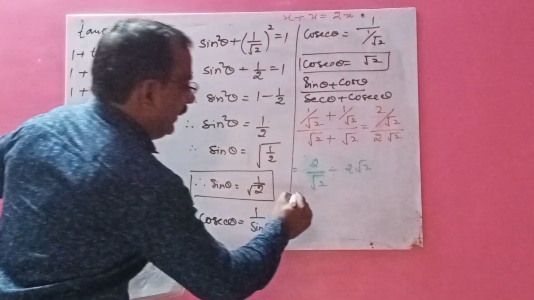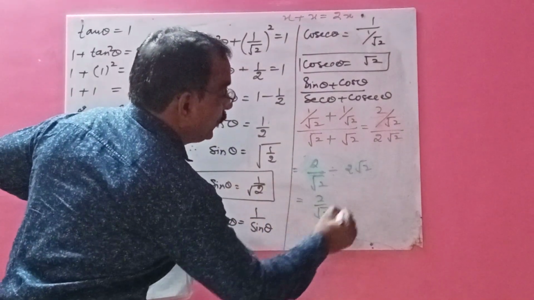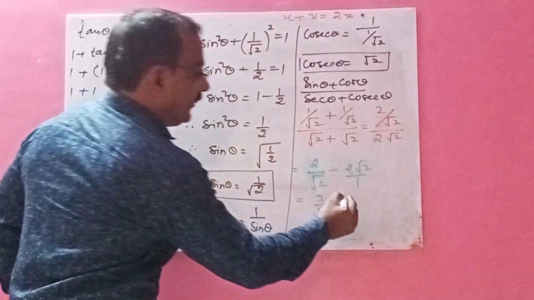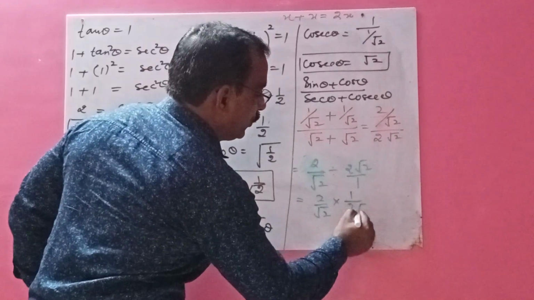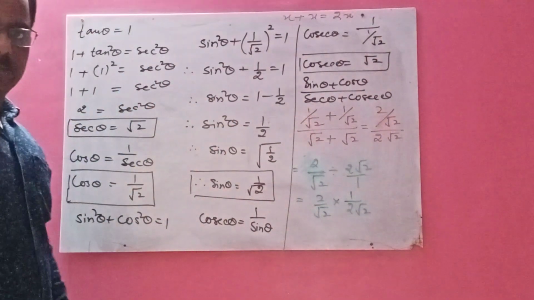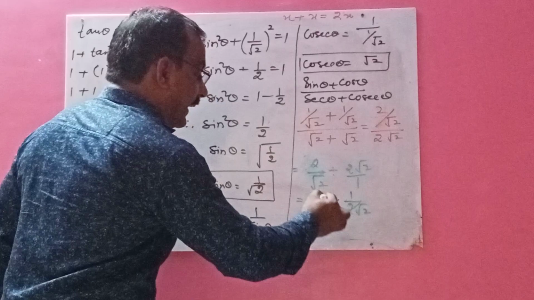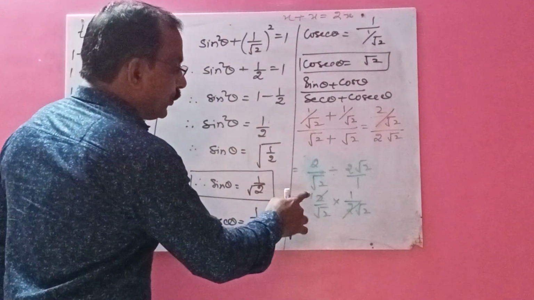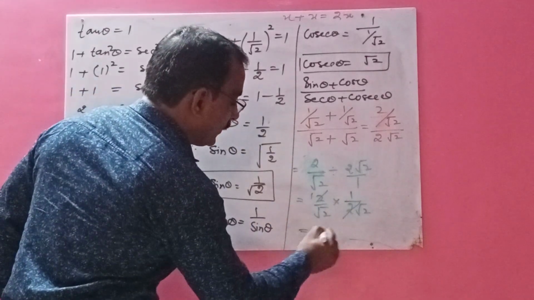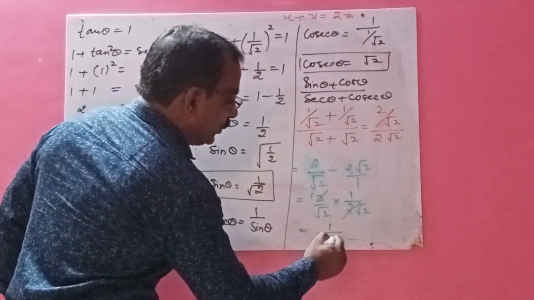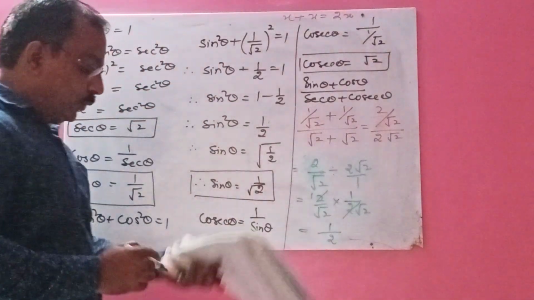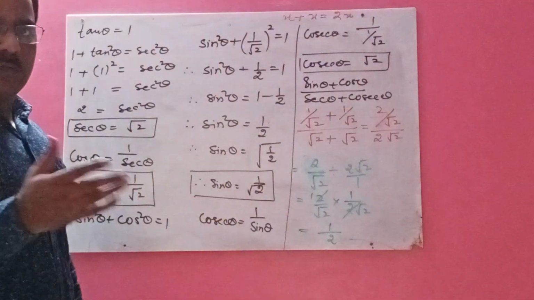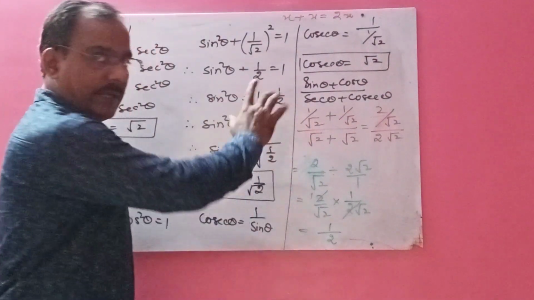See here it is over 1, so multiply by the reciprocal, 1 upon 2 root 2. This 2 and this 2 get cancelled. You will get here 1. So 1 into 1 is 1 and root 2 into root 2 is root 4, and square root of 4 is 2. Understood this one?